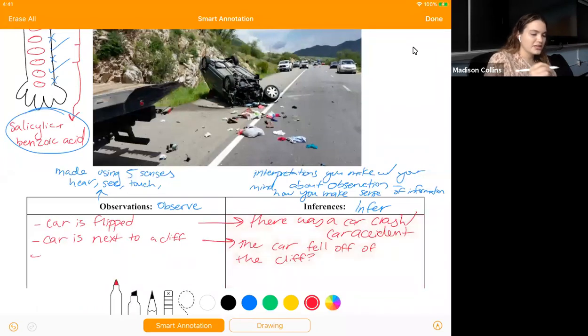Okay, another observation I can make, something that I can see, is that there is trash on the ground. And I can infer based on that statement that that trash came from inside the car.